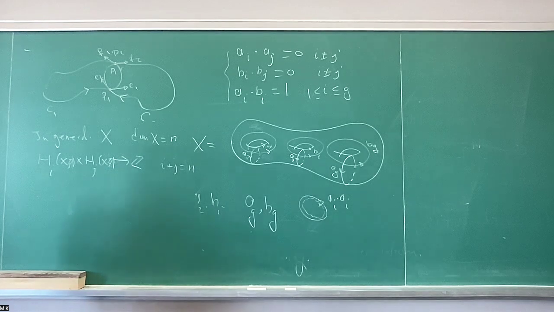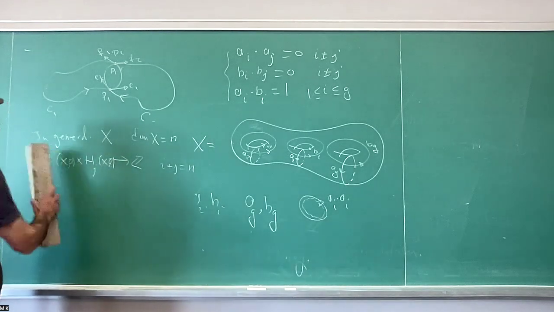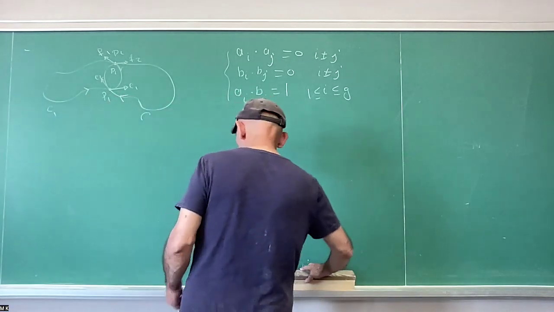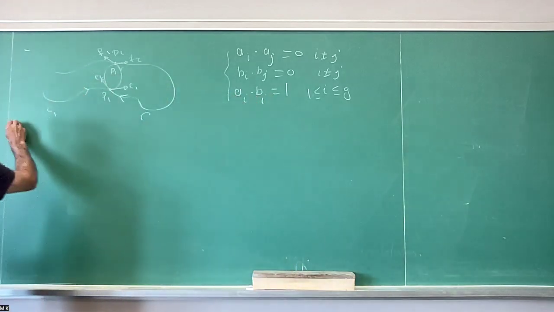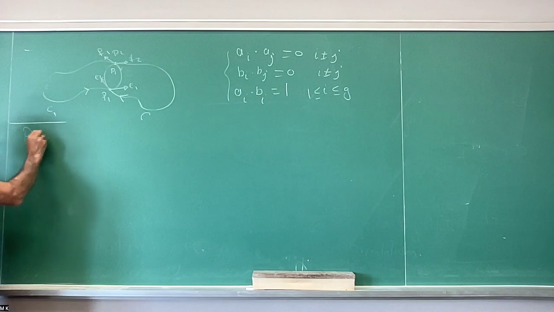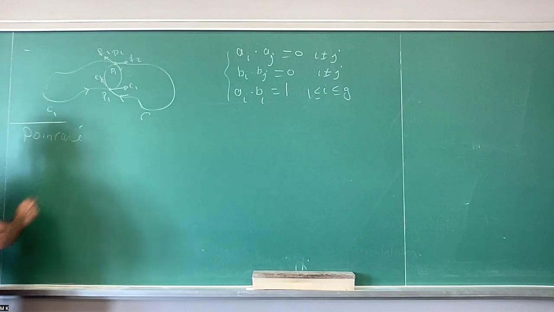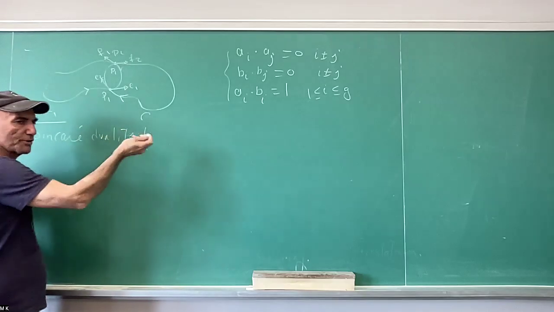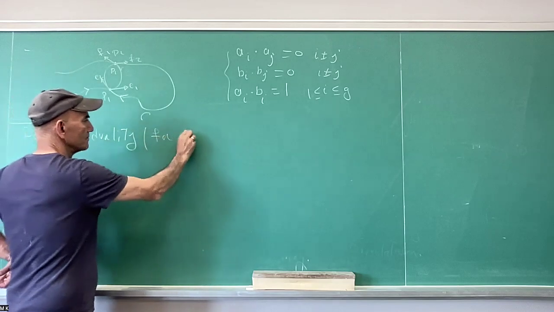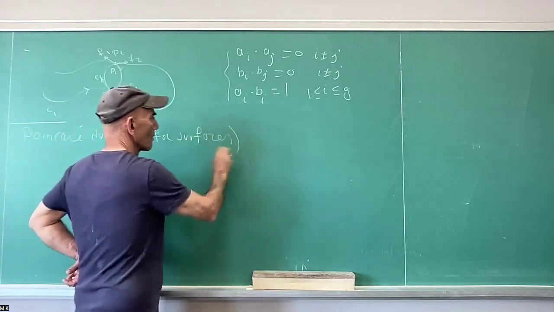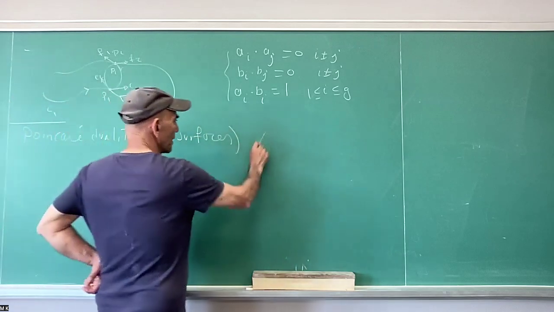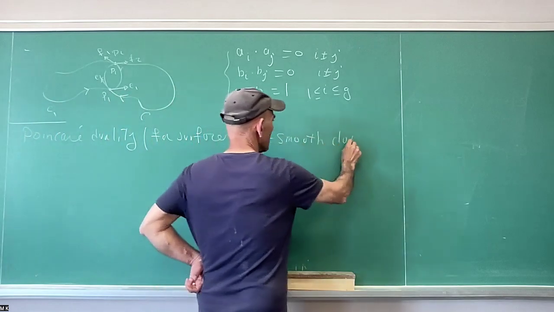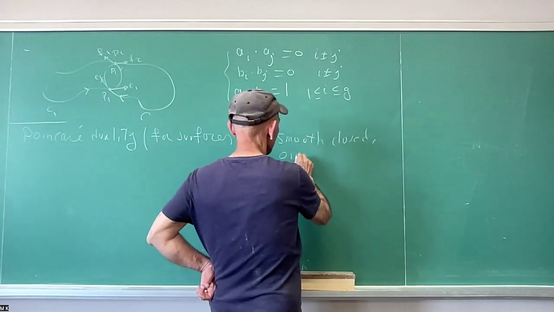Okay, so let me now continue. We need a little more of Poincare duality. Again, this is a very special case, but that's what we need. This is just for surfaces. So X again is a smooth, closed, oriented surface.